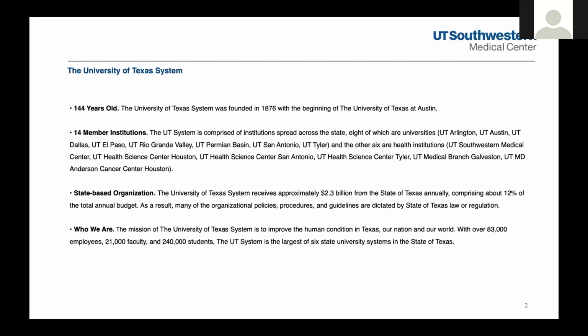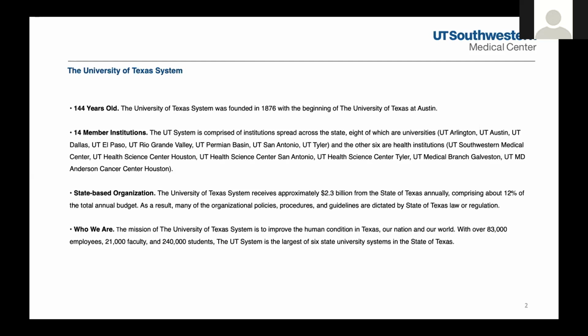There are a lot of state policies, rules, guidelines, processes and things that apply to every member institution, every UT system institution, every system of higher education that is state funded in the state of Texas as a result of that.